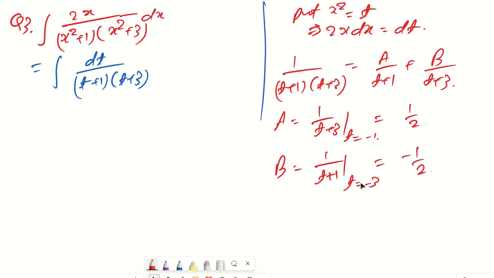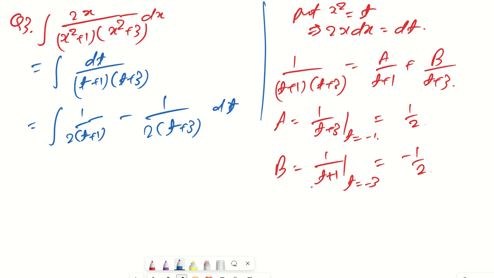Because minus 3 plus 1 is minus 2. So we can write our integration as the integration of 1 by 2 times (t plus 1) minus 1 by 2 times (t plus 3) dt, right?